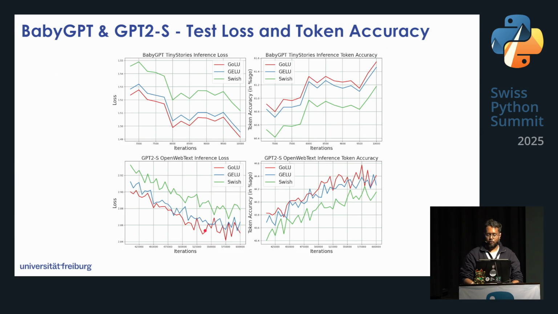So what you can also do is that if you want the performance to be the same as GELU, for example, when compared to GoLU, then you can always train for a lesser number of training iterations, and you can reach the same level of accuracy. So this also helps you save time and compute in terms of training.